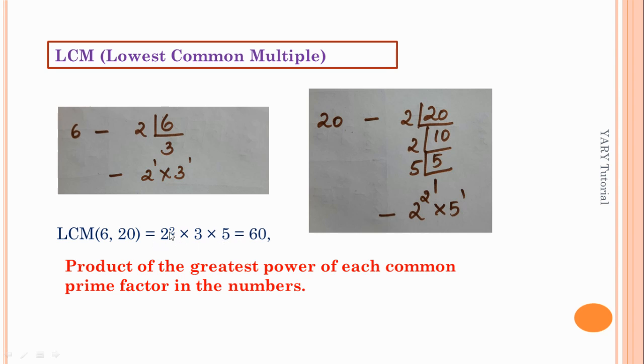So, 2 power 2 into 3 into 5 is equal to 60. So, LCM is the product of the greatest power of each common prime factor in the numbers.